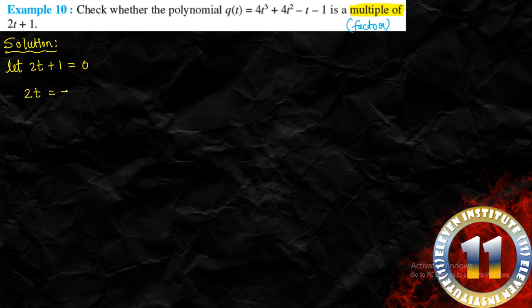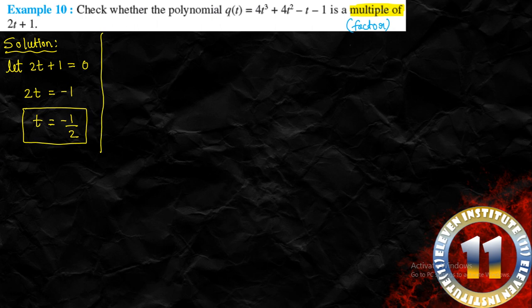So 2t is equal to minus 1. Now 2 is in multiplication over here. When it goes to the other side, it will go to the denominator. So what we now have is t is equal to minus 1 upon 2.